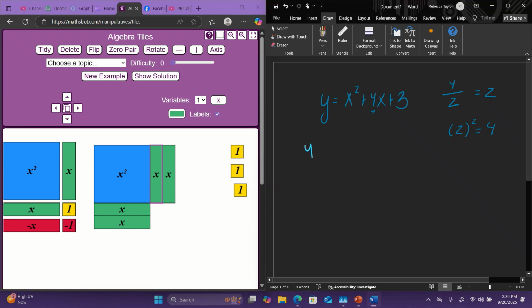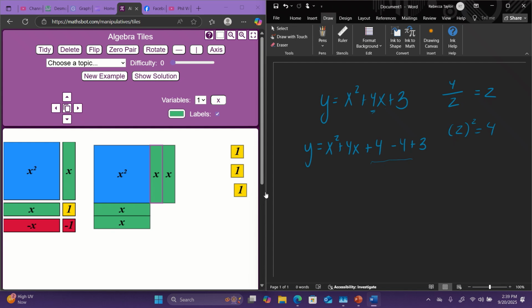Now, in the algorithm, at this point, you would take that 4 and you would add it, but you would also subtract it, because you would essentially be adding a 0. So right in here, we're adding a 4 and we are subtracting a 4, which means we're essentially adding 0.